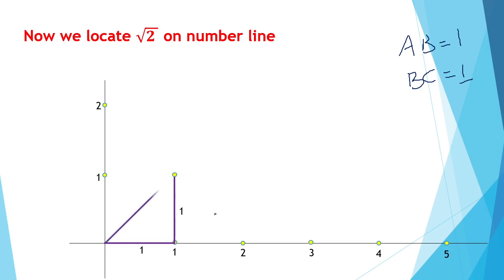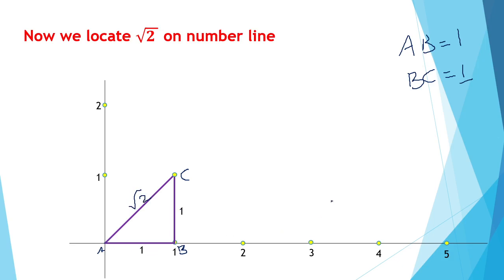This is 1 unit, and then join. This is AC. This is A. Sorry, it's not writing properly. ABC is the triangle we just assumed. So we know already this is root 2. This is 1 unit, and we found AB as 1.